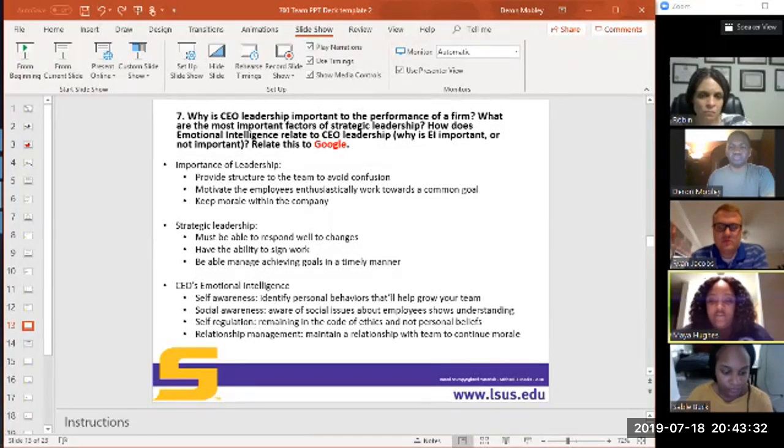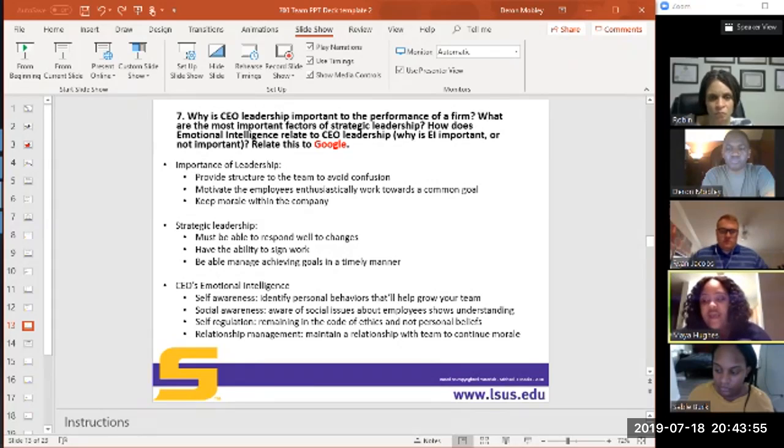So with self-awareness, the CEO, or I'd say a manager as well, should be able to identify behaviors such as their weaknesses or their strengths to know how to implement a plan and disperse that plan to their group so that they can grow.